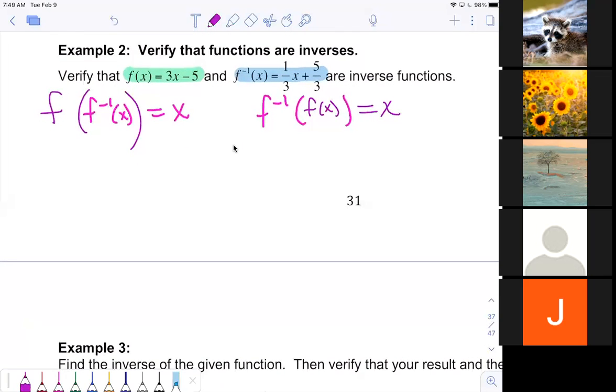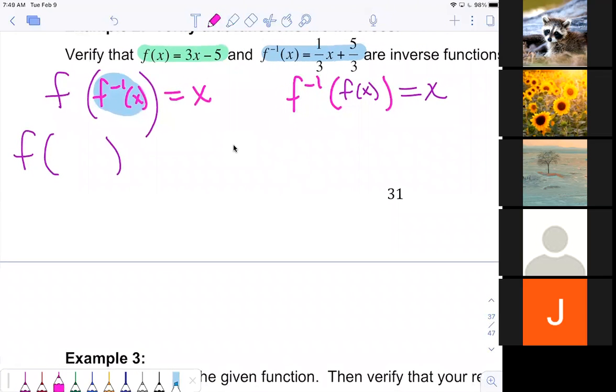So using composition functions, we're going to start on the inside. We'll work on the left side first. So I have my function f, and I'm replacing it with the inverse in the middle here. So the inverse function is 1/3 x plus 5/3.